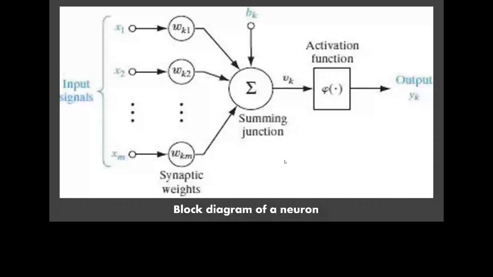It's like taking a weighted average, in the sense that you can see the weights, right? Depending on the weights, you're deciding how much that particular input affects the output.